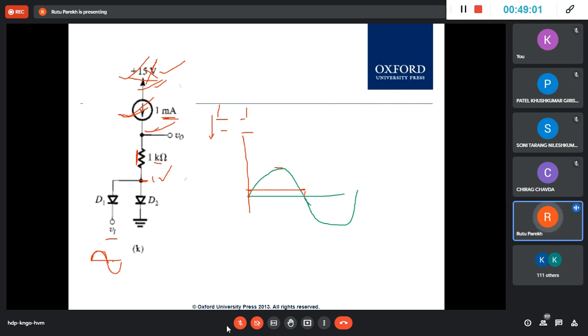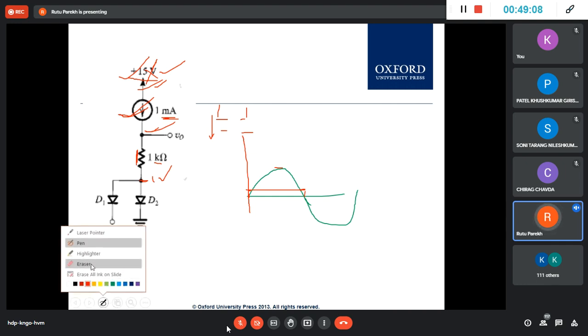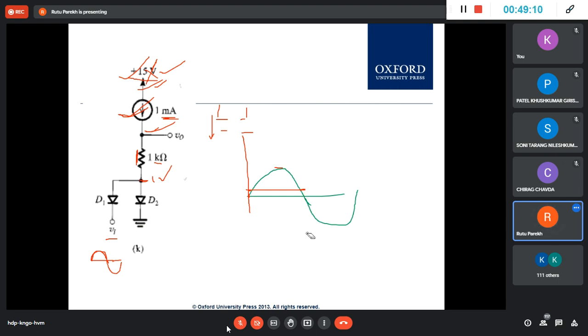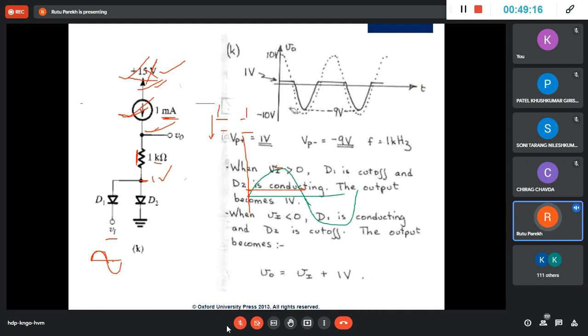Now negative is here, negative will start. This line, let me remove this little line here, just to show you. Up to 0 it has come this much.